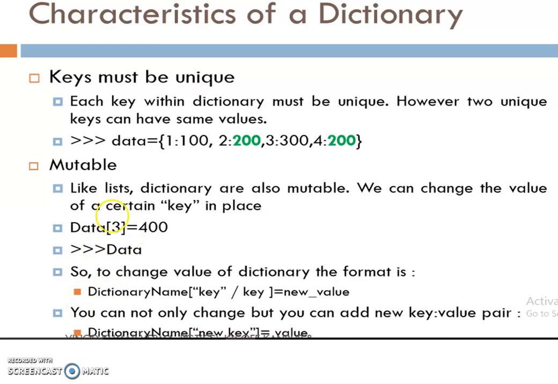To change the value of a key in a dictionary, the format is dictionary name, key, is equal to the new value. Then you can not only change but also add a new key value pair: dictionary name, new key, is equal to a value.